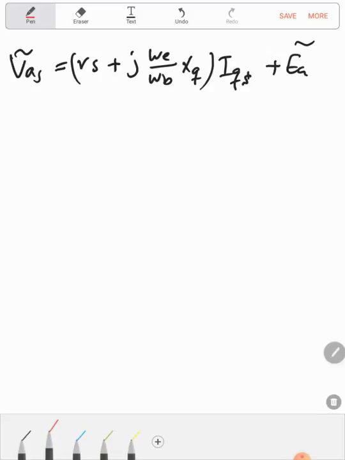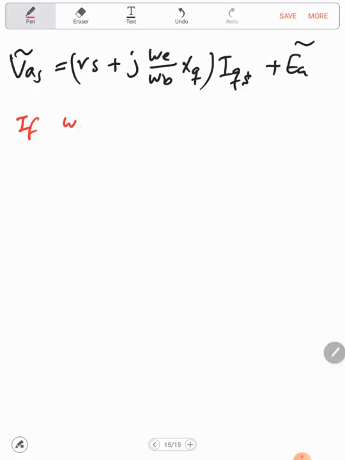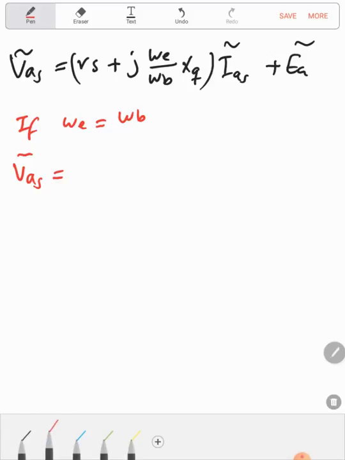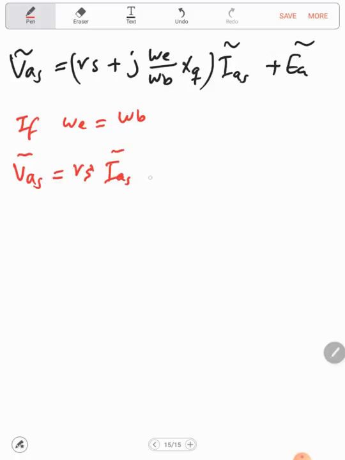Now, for a single excitation system, we know that omega E is equal to omega B. So we are getting the steady state phasor representation: VAS as a phasor equals RS IAS as a phasor plus j XQ IAS as a phasor plus EA as a phasor, and XQ is the synchronous reactance.